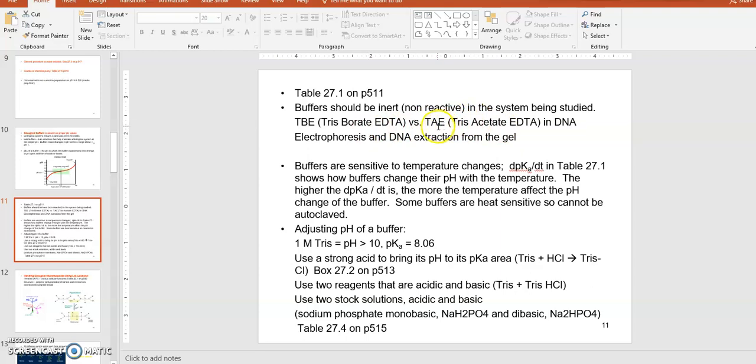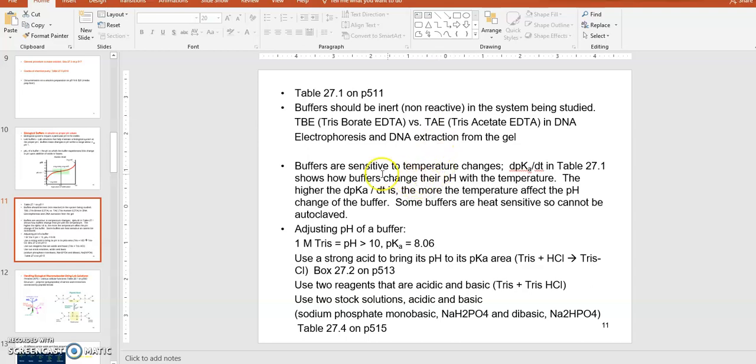Depending on what acid you add to Tris to adjust the pH, they become either TBE or TAE, depending on whether you added boric acid or acetic acid. But between those two, TBE is actually reactive to the DNA molecule, so that's why you use TAE if you're going to purify your DNA after the electrophoresis is done, because your DNA may lose its integrity.